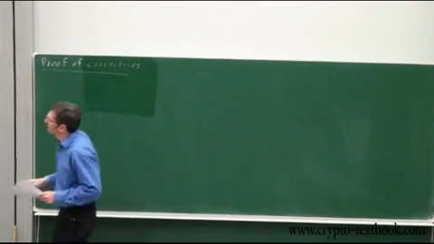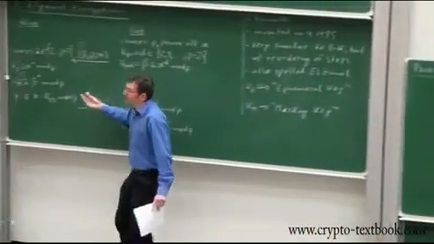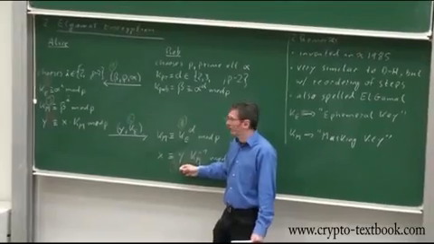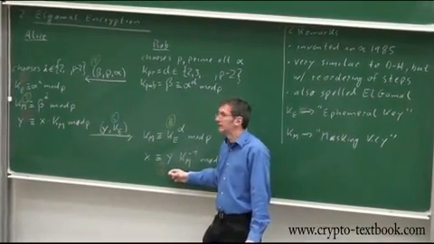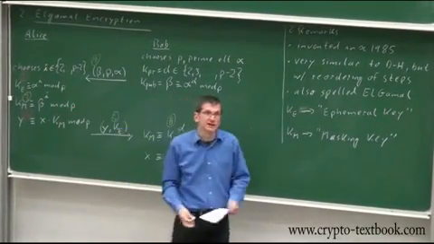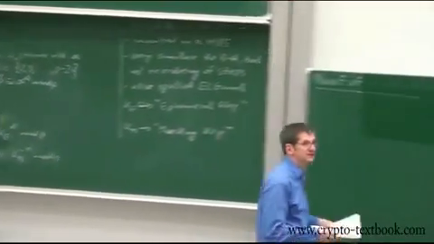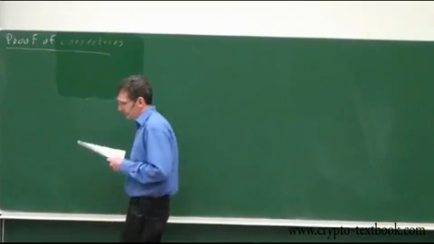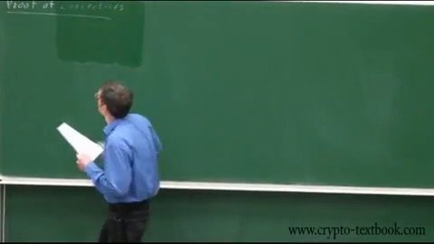Proof of correctness, that means Alice, what maybe is done here, what Bob decrypts here in step number 7 is actually the plain text. So he actually recovers the plain text that Alice encrypted. Okay.